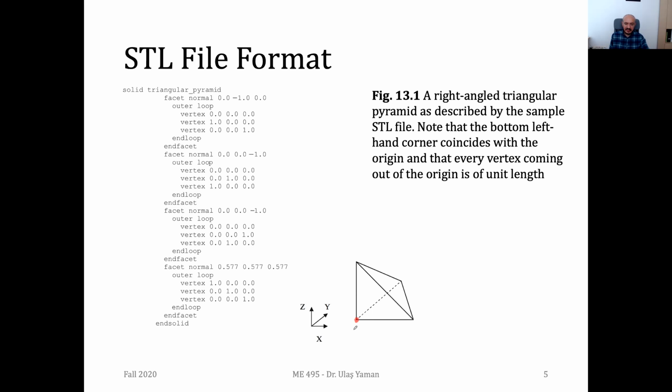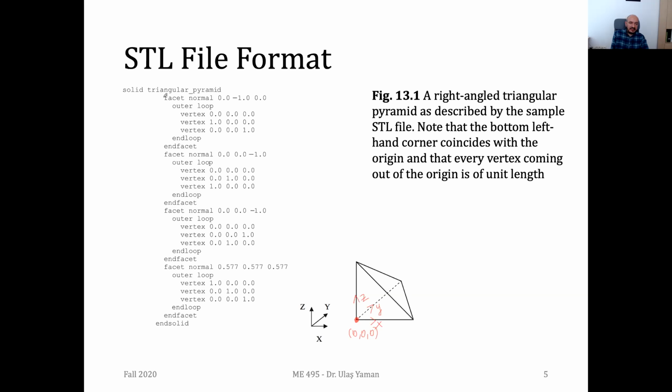We can say that this is the point 0, 0, 0. So this is the x-axis, this is y in our example, and this is z. Since we have 4 faces and it's a very simple shape, a tetrahedron, we can easily represent each surface with a single triangle.